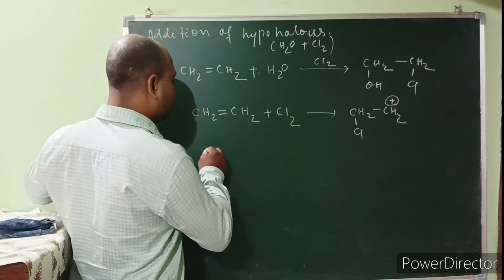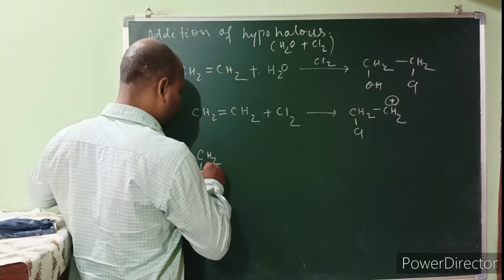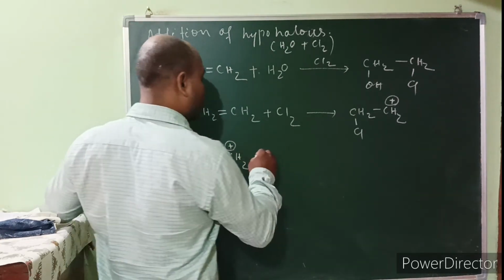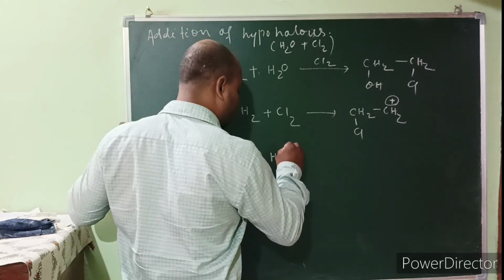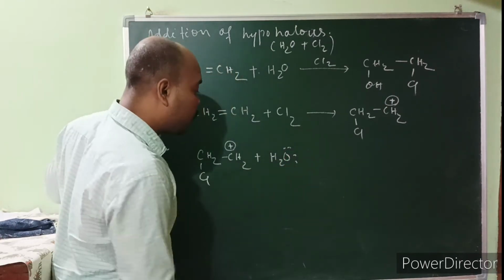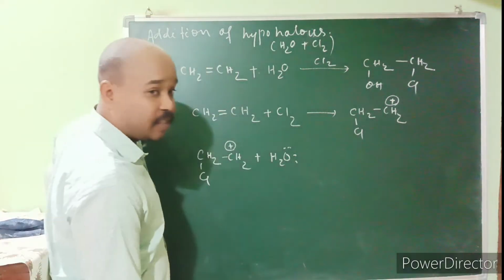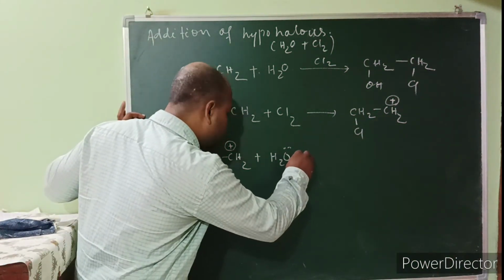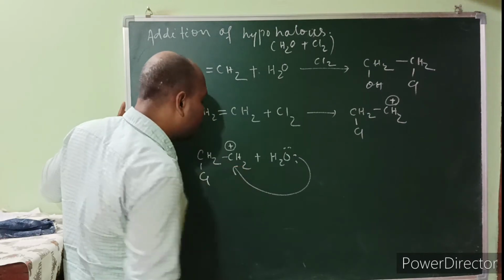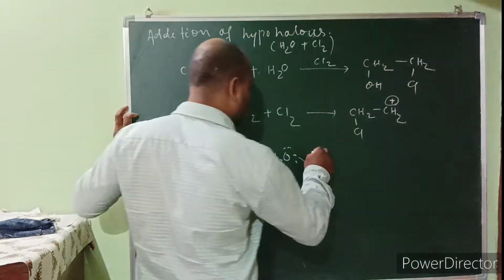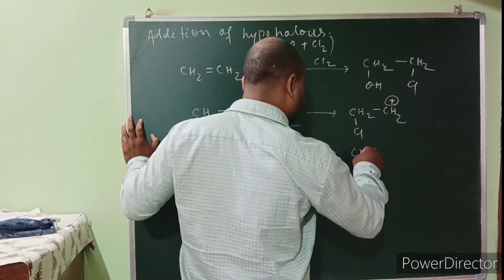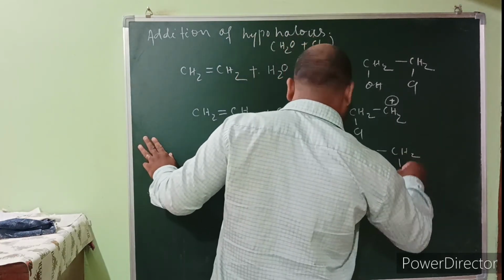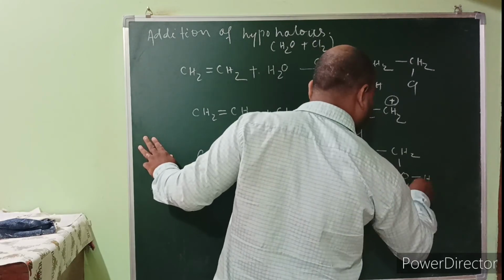In the second step, water: we know that oxygen carries a lone pair of electrons and it is negatively charged. So this will form a bond with the carbocation. Now we will get CH2 Cl, CH2 O hydrogen.